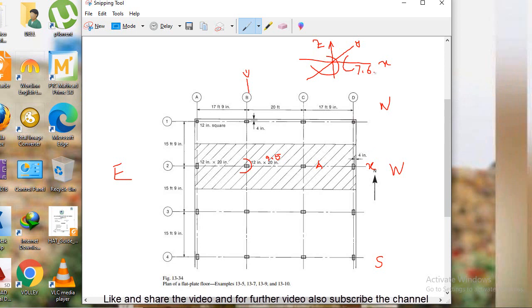Now you see this is my MUX moment, and this moment is my MUY. But this is only due to live load, or you can say vertical gravity loading.